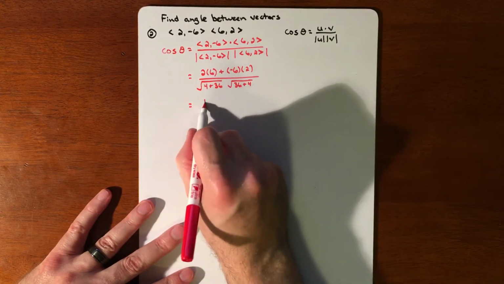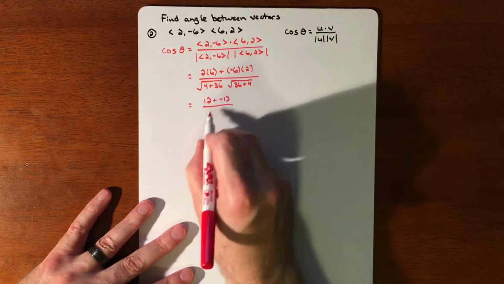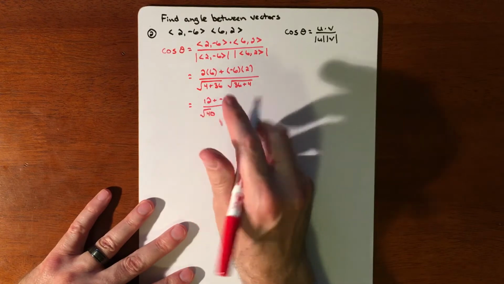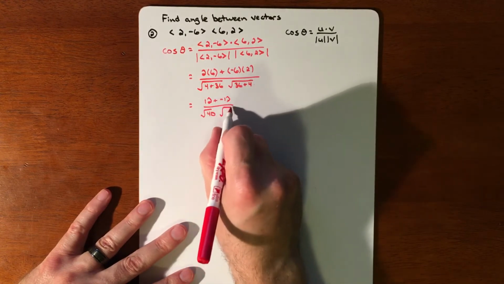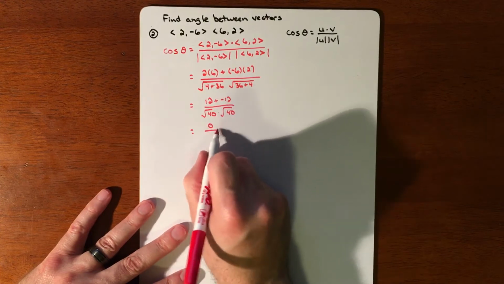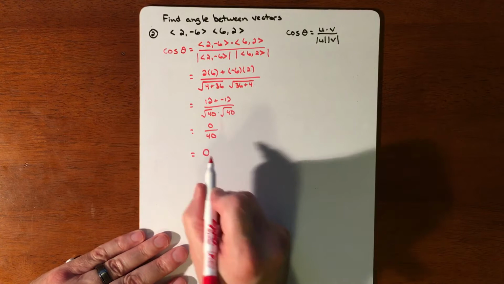So the top gets us a 12 plus a negative 12. And then this is the square root of 40 times the square root of 40, which is 0 over 40, which is 0.